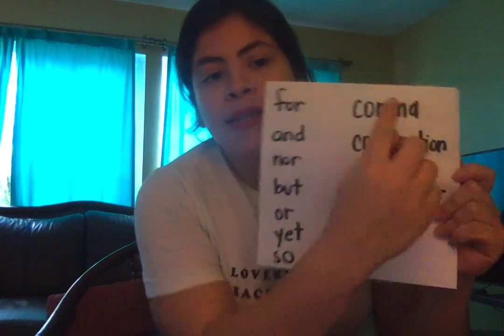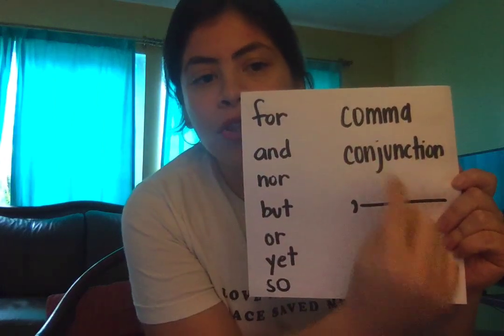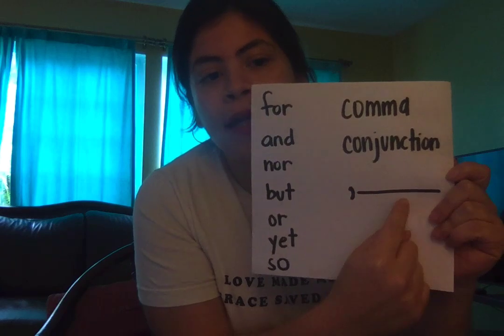So you see, I connected two sentences with a conjunction. And is one of our conjunctions, but we have many other conjunctions that we can try. Okay? So for example, I have the conjunctions right here. And I say that you put a comma and conjunction. So here's our comma and conjunction.